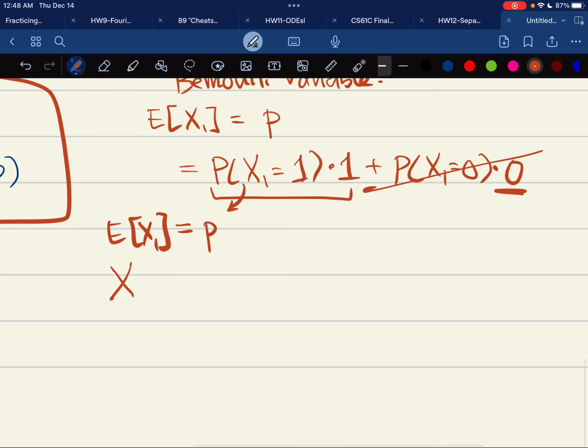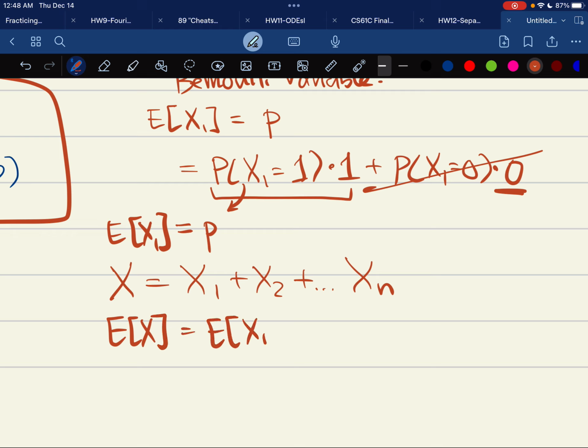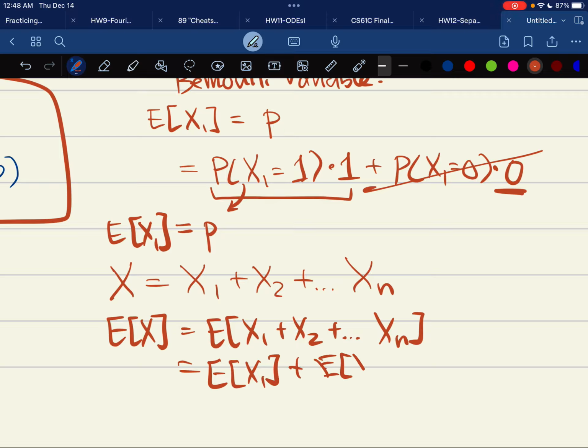So since binomial variables are just repeated additions of Bernoulli variables, we can use linearity of expectation and rewrite it as this. Right, linearity of expectation means we can take these terms out.